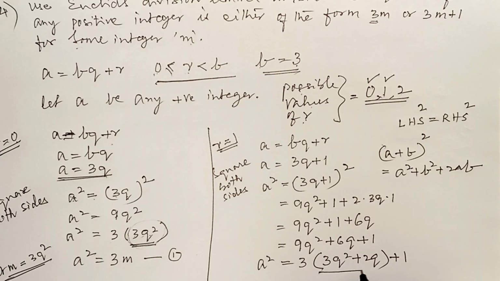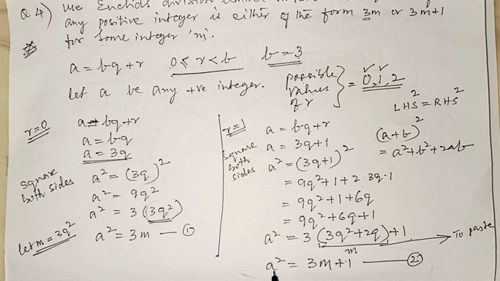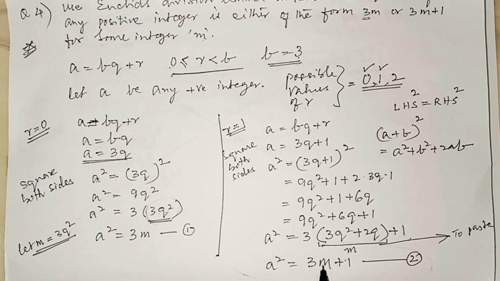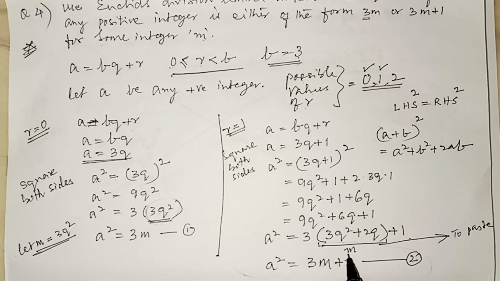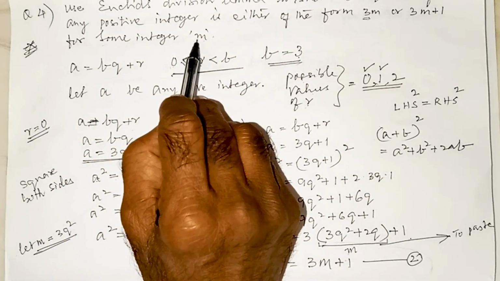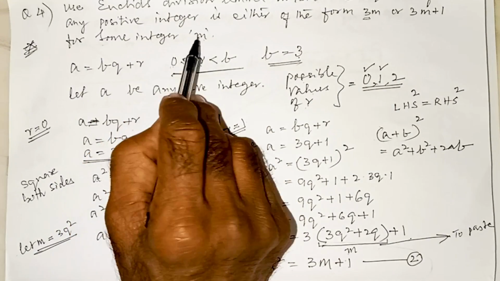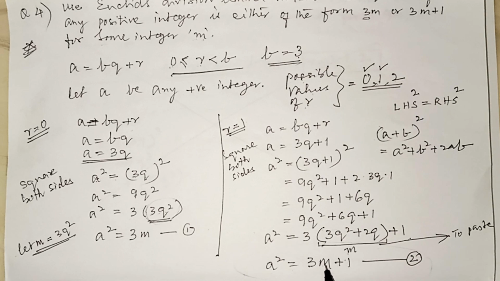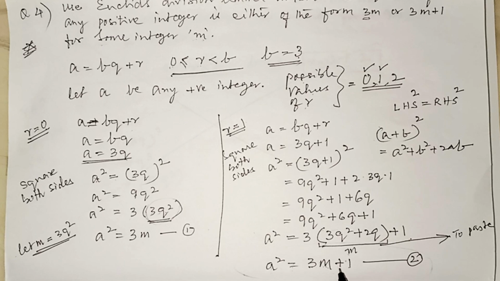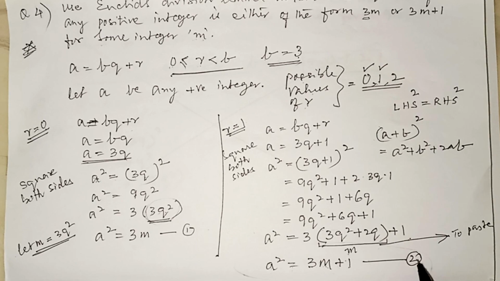Please remember, whatever is in the bracket is some integer, which is represented by the letter m. After this, a square becomes 3m plus 1. We finally arrive at a square equal to 3m plus 1. This is case 2.